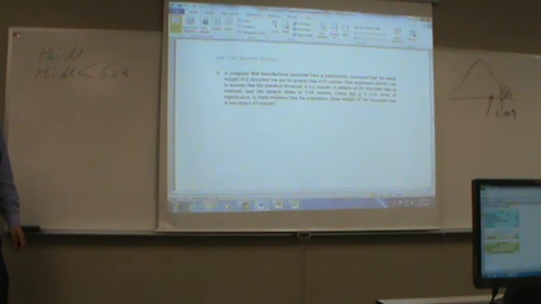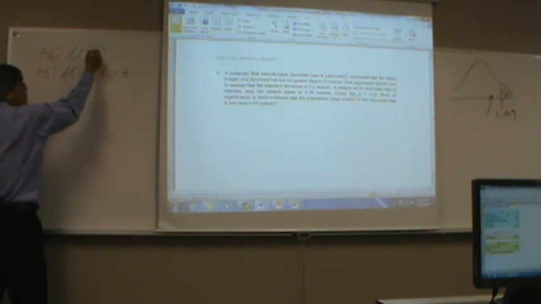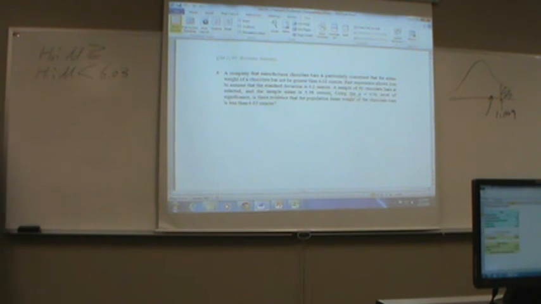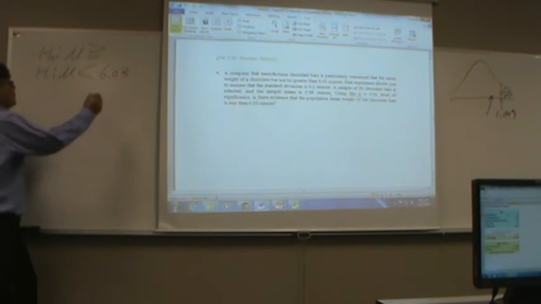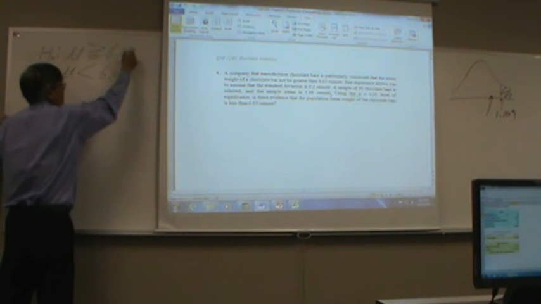The equal sign goes in the null hypothesis. So greater than or equal to 6.03.